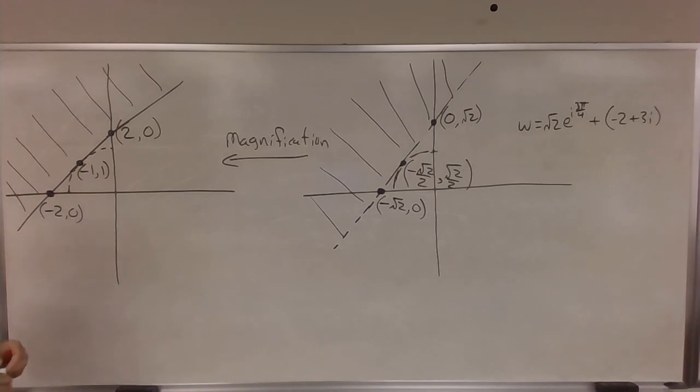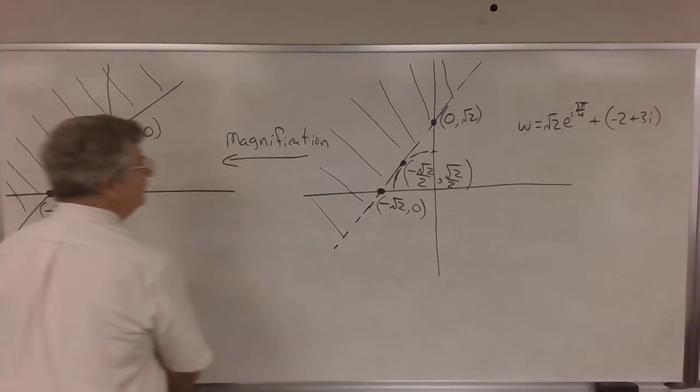Now, does that work? This point is halfway between 0 and 2, so it should be 1. This point is halfway between 0 and negative 2. It should be negative 1. So that checks out. Okay, we've done our magnification.